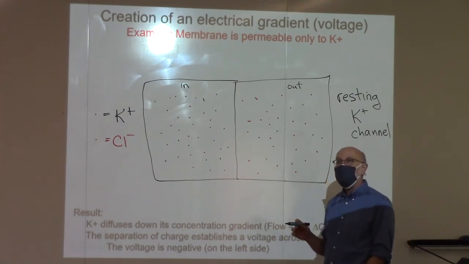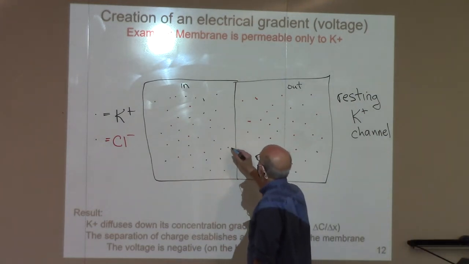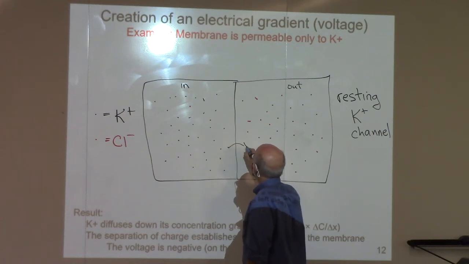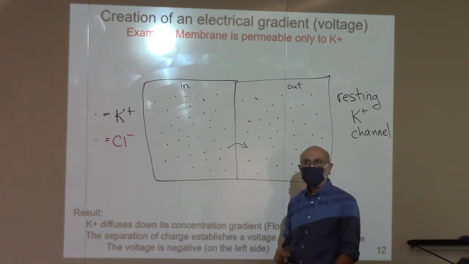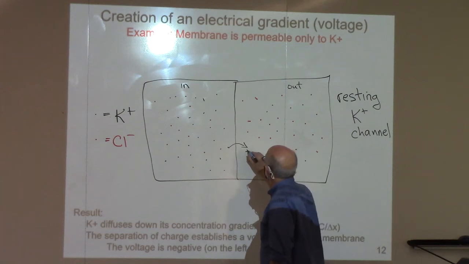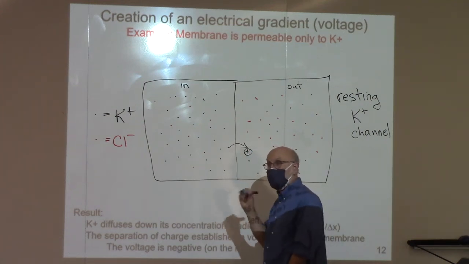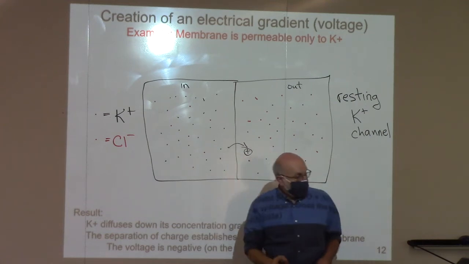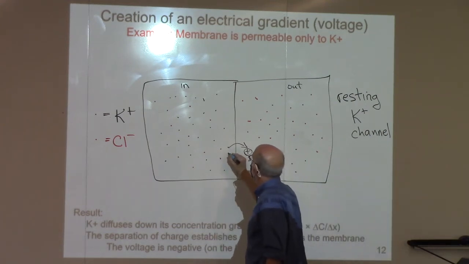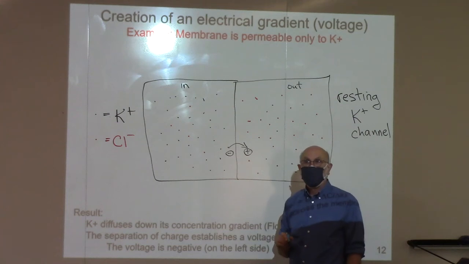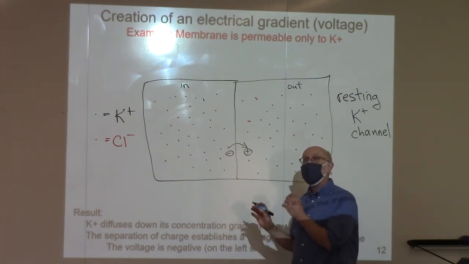So when one of them opens, a potassium ion could flow down its concentration gradient, delivering a positive charge to the outside and leaving behind a net negative charge on the inside. Remember, it's selectively permeable.